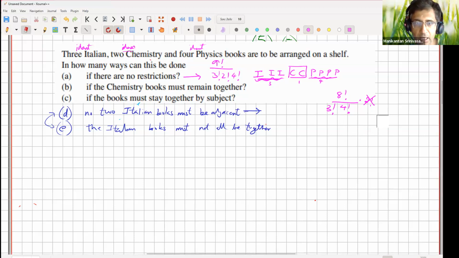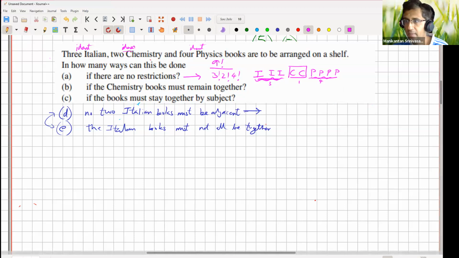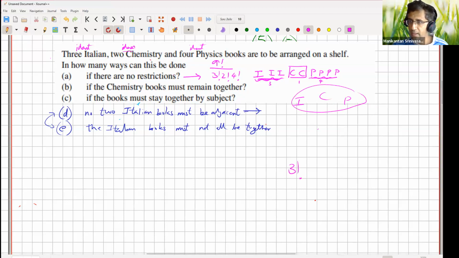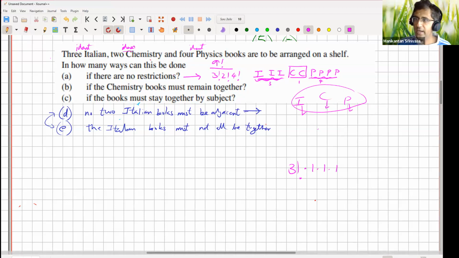C part, if the books must stay together by subject, right? That means we first have to decide between the I group and the C group and the P group in what order they'll be. That's 3 factorial. Having done that, there's only one way in which you can arrange all the I's, all the C's, all the P's in that block, because they're identical.